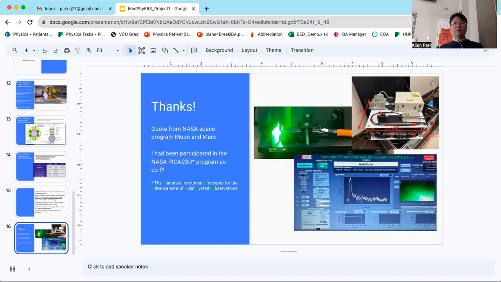So this is all for the overview of space radiation detectors. I'm going to show one NASA project, the PICASSO program, which I was involved in a few years ago.